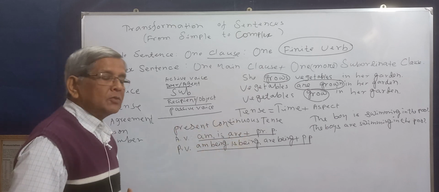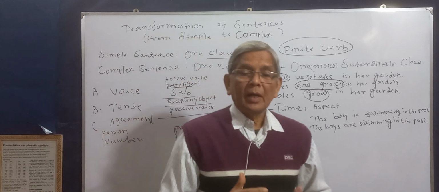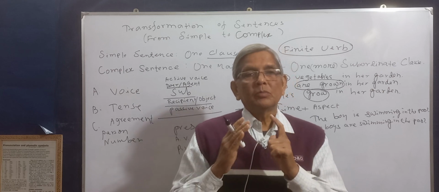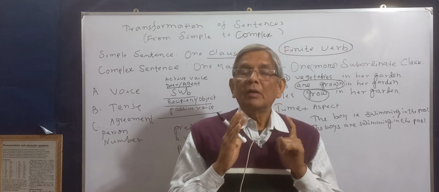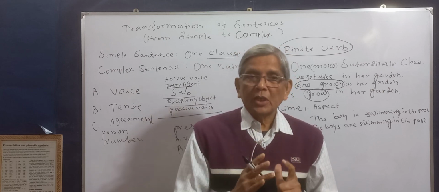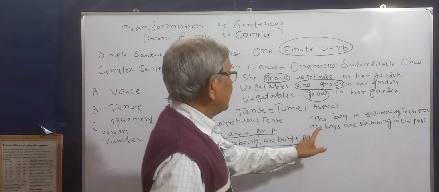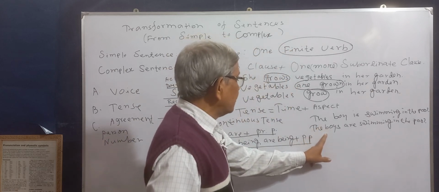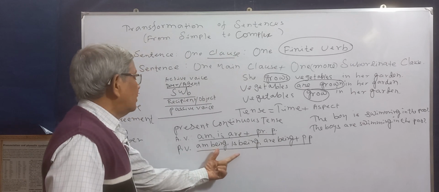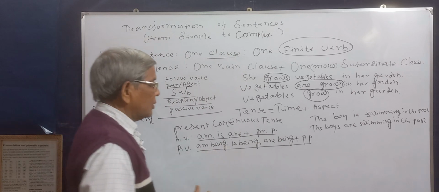If the subject is first person singular number, I, we have to use am. I am now making a video on transformation of sentences. And if the subject is the recipient, we have to choose from among these three.